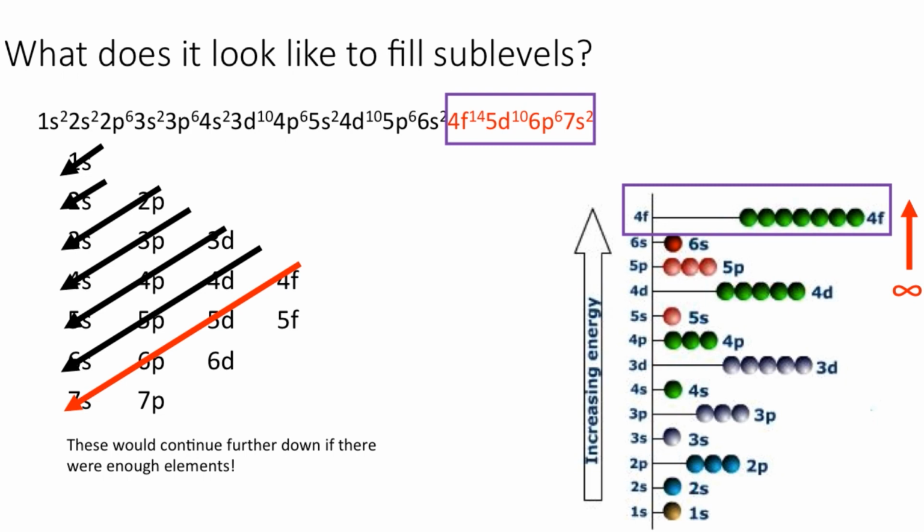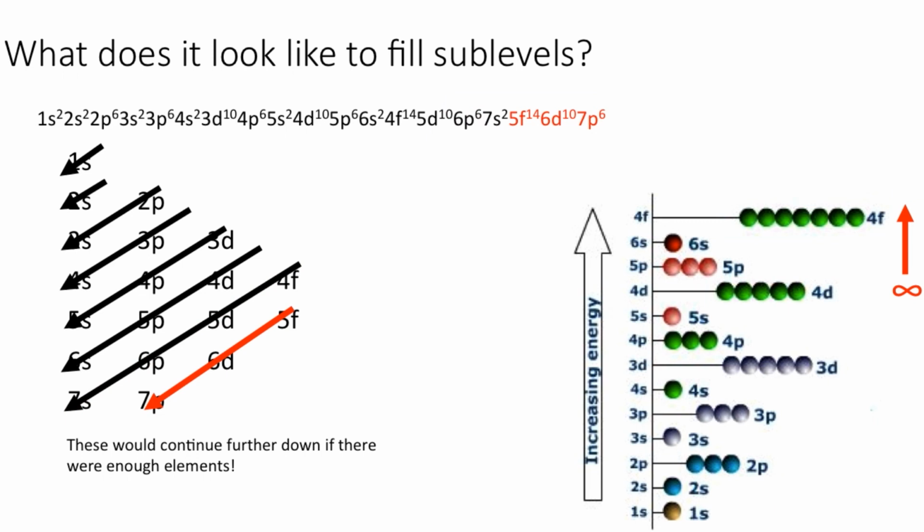This means that the F sublevel is almost 2 energy levels lower than both the S and P sublevels that surround it, and it's going to be 1 energy level lower than the D sublevel that's adjacent to it. So we're going to fill the 4F sublevel, followed by the 5D sublevel, then the 6P sublevel, and the 7S sublevel.